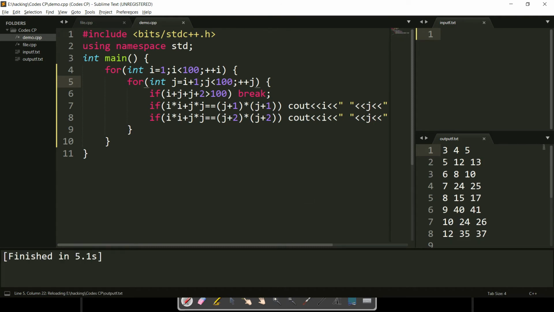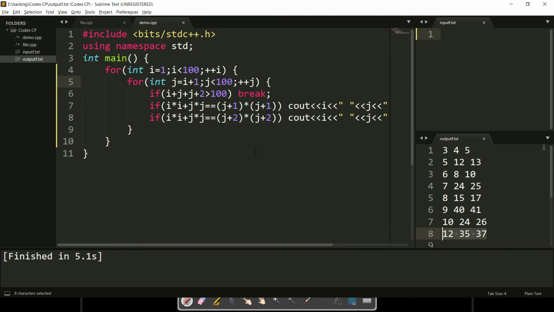So 3, 4, 5, 5, 12 and 13. 6, 8, 10 won't count just because they are not pairwise co-prime. 7, 24 and 25 should count. 8, 15, 17, 9, 40 and 41. 10, 24 and 26 should not count, and 12, 35 and 37.